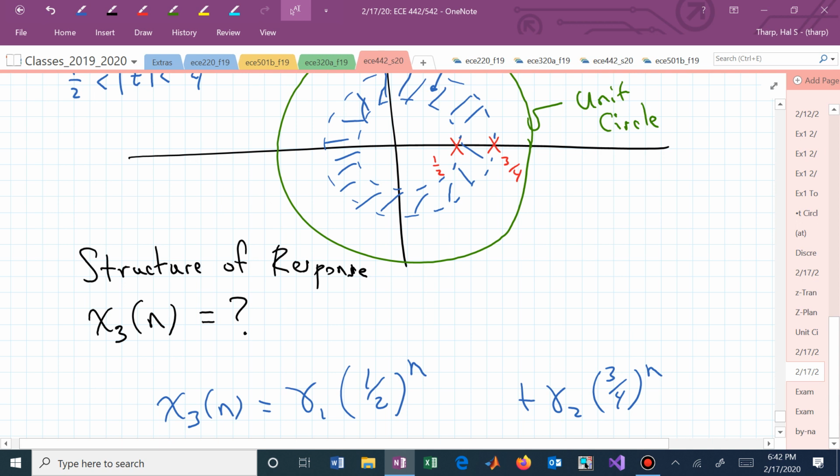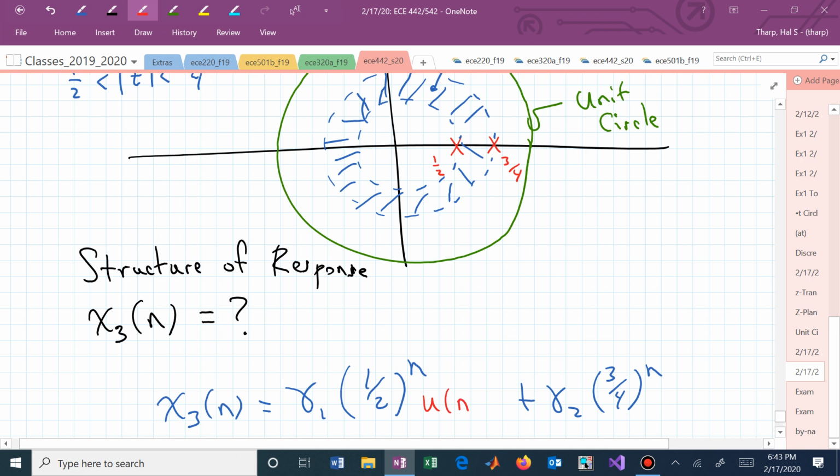Where is 1/2 relative to our region of convergence? Where's the region of convergence relative to 1/2? It's outside. What did we say that meant with respect to those poles? When were they on? Causal.